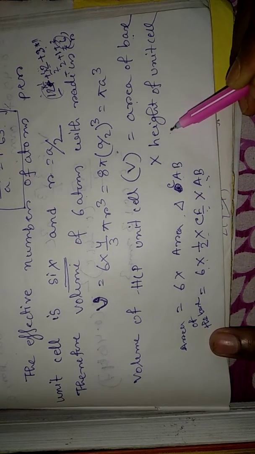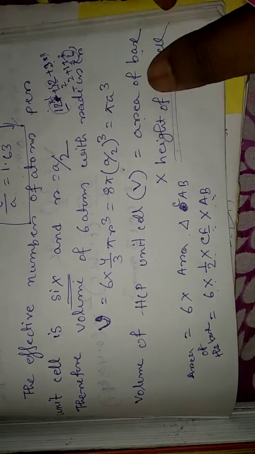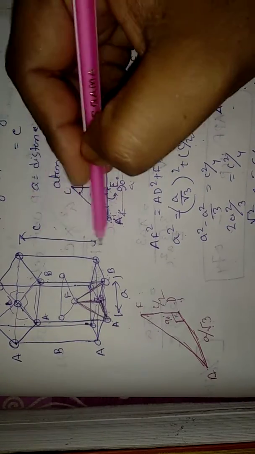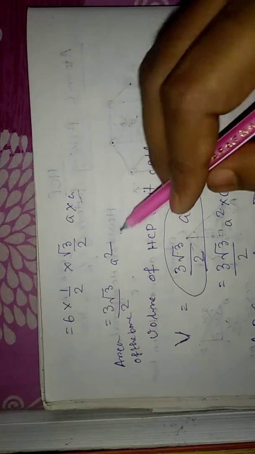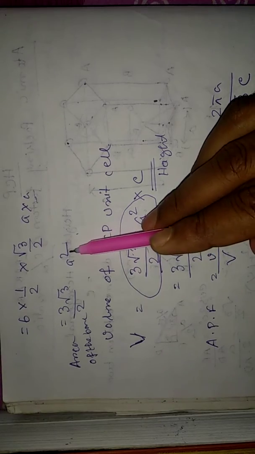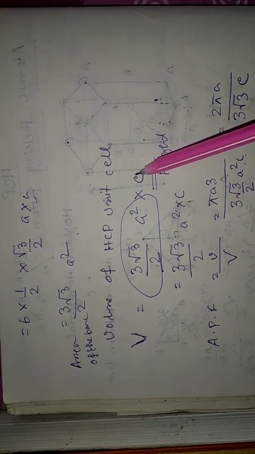Now you have to calculate the volume of the HCP unit cell, which is the area of the base into the height of the unit cell. That height of the unit cell is basically C. So this is the area of the base, into C. As you know, the volume of the HCP unit cell is 3 root 3 A square divided by 2 into C, where C is the height of the unit cell.